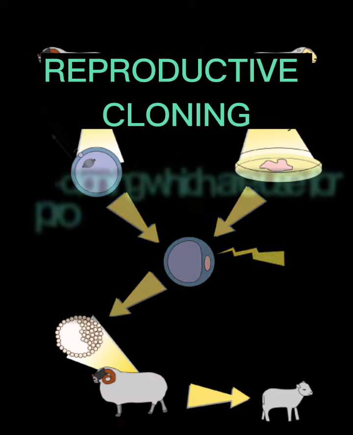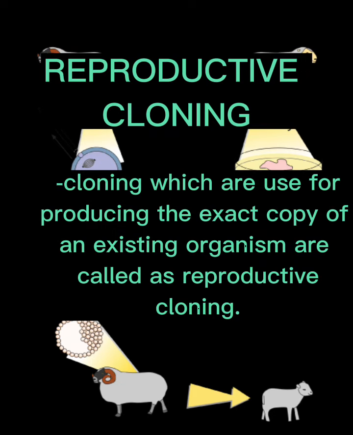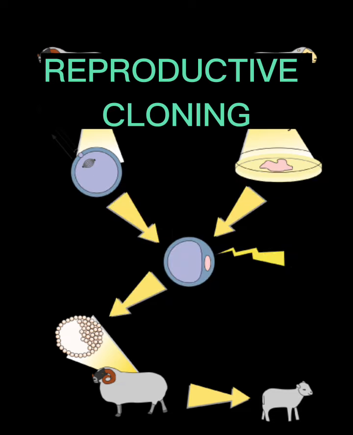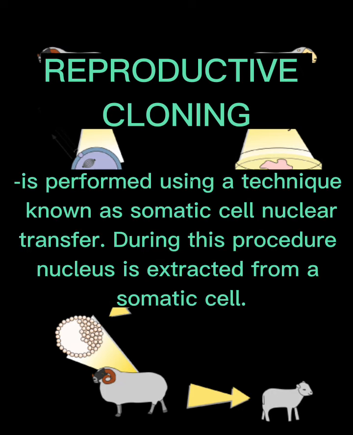Reproductive cloning. Cloning which is used for producing the exact copy of an existing organism is called reproductive cloning. Reproductive cloning is also performed using a technique known as somatic cell nuclear transfer.